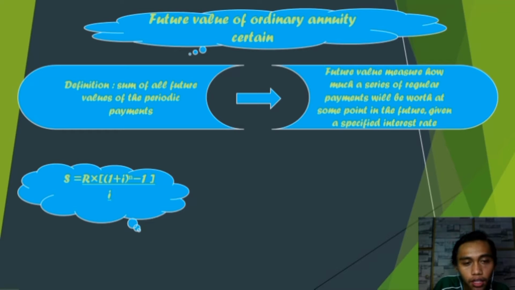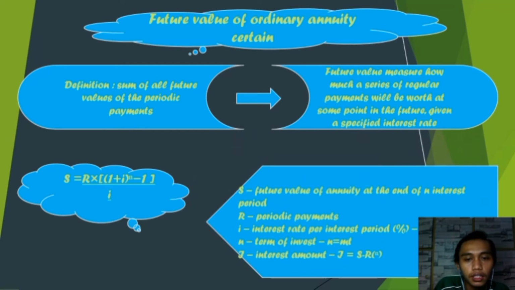S equals R times open bracket 1 plus I, power n, minus 1, close bracket, divided by I. This is the meaning: S is the future value of the annuity at the end of an interest period.